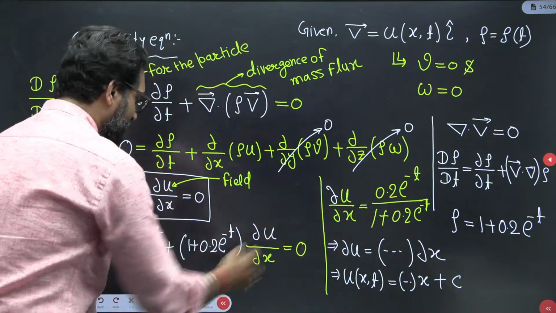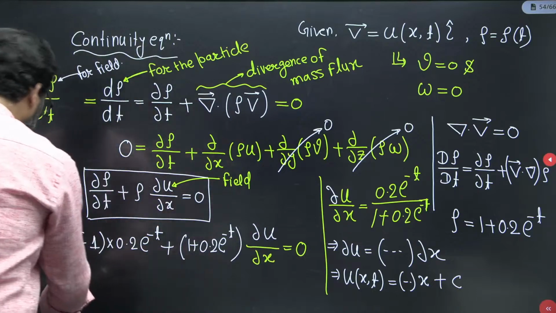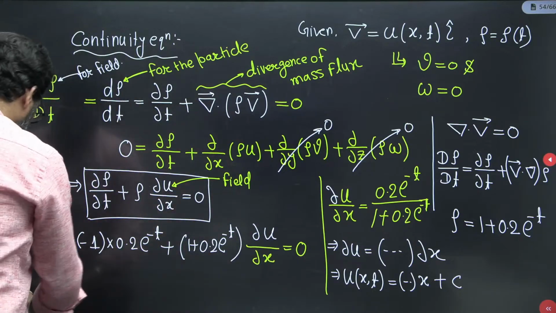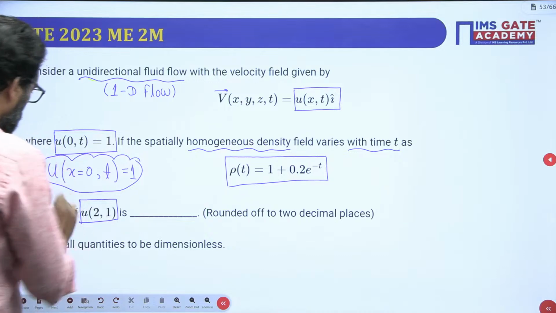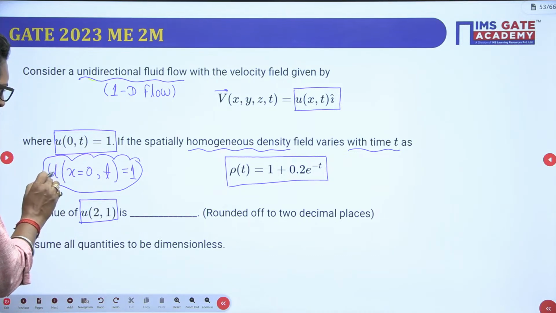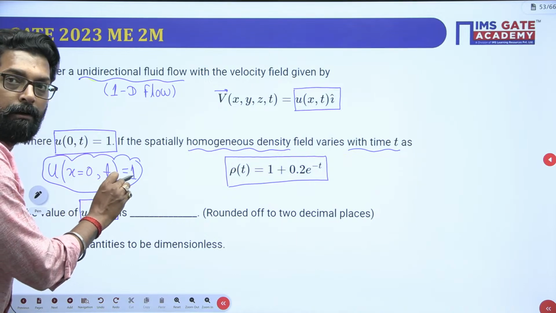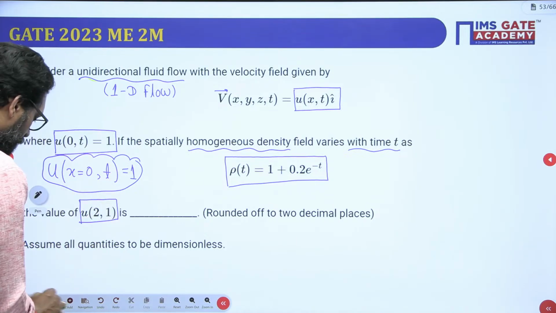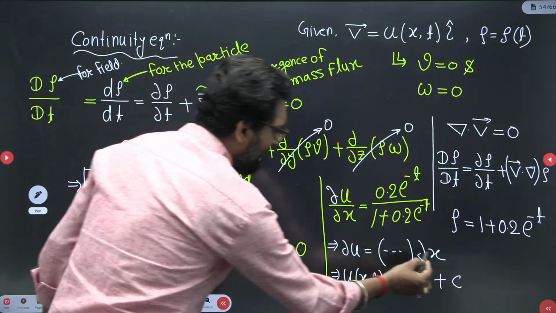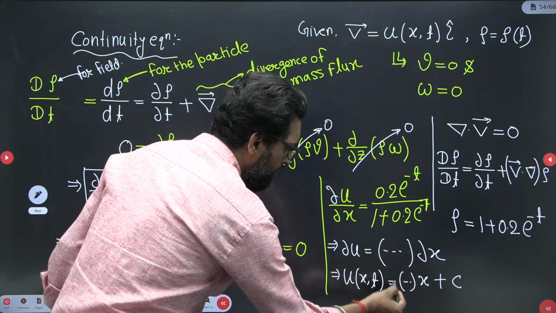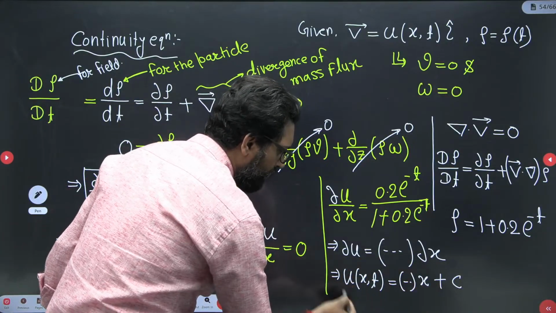Now what is the condition given, beta? You have to find u at x is equal to 0 and t is equal to 1. If you put x is equal to 0, this whole term is 0, and u is 1, it is given.